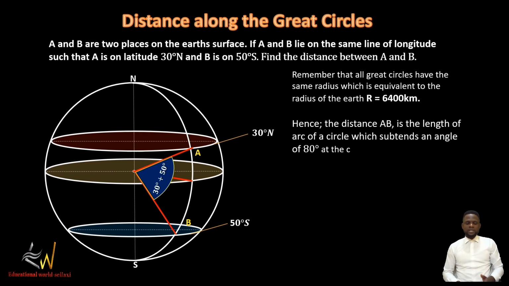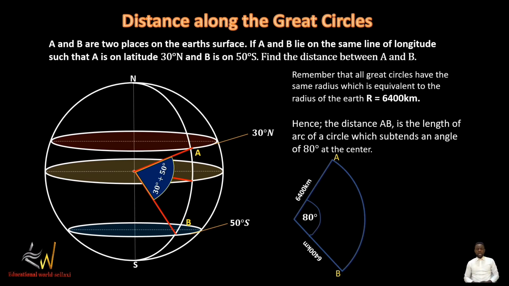Now this simply is an arc of a circle AB which subtends an angle of 80 degrees between them. So we are now going to use the formula for the length of an arc to find the distance AB. Distance AB will simply be theta over 360 times 2 pi r.